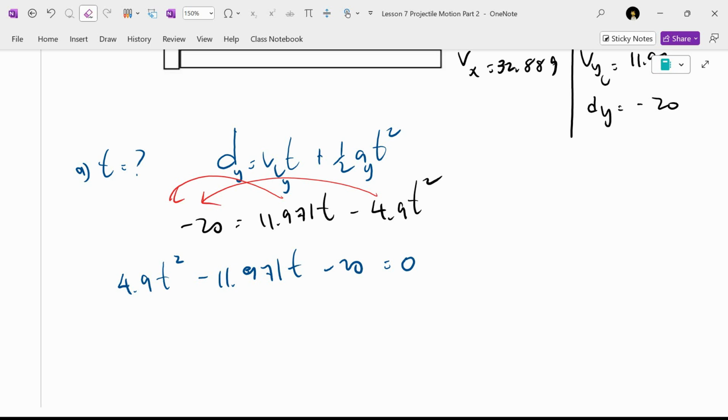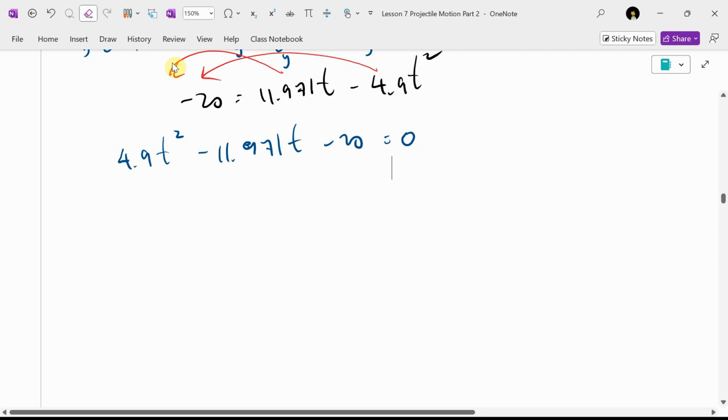Now what? How do I solve that? What kind of an equation is this? How do I know? It's got squared. So have you got the solver on your calculator? Well, then use it. The rest of us, you and me, Liam, apparently we're the only ones slumming it.